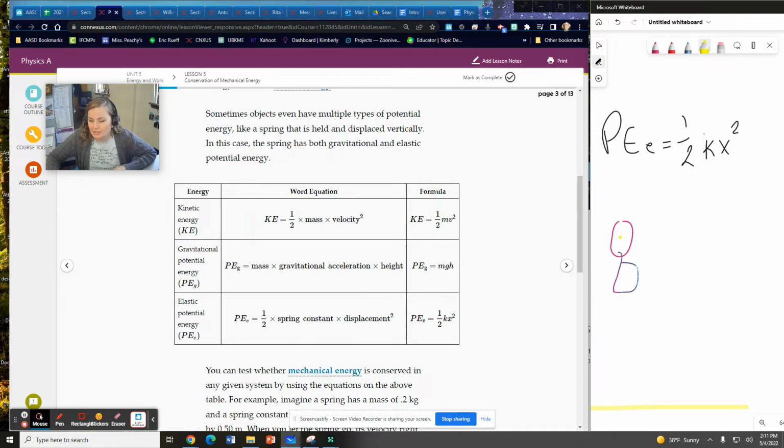The band here isn't really stretched out, and it's some distance above the ground. So from here to here is the height, right?